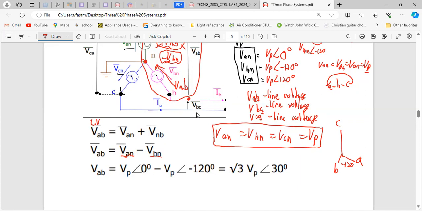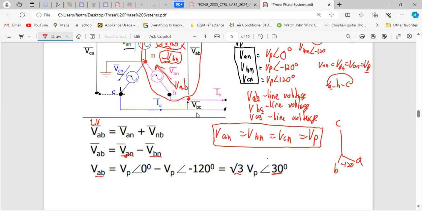But something cool you realize when you draw the phasors is that the line and the phase voltages are 30 degrees out of phase from each other. If you put that in a calculator, say you choose VP to be 10, it doesn't really matter what you choose, 10 angle 0 minus 10 angle minus 120, you'll actually get the root relationship, but 30 degrees out of phase.